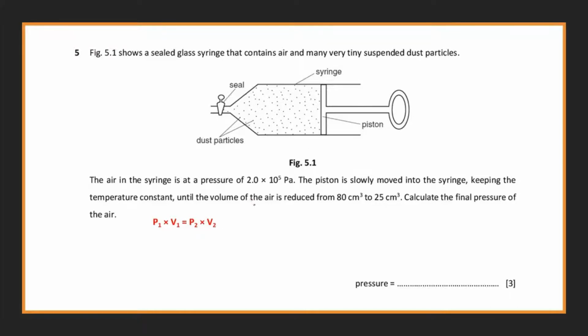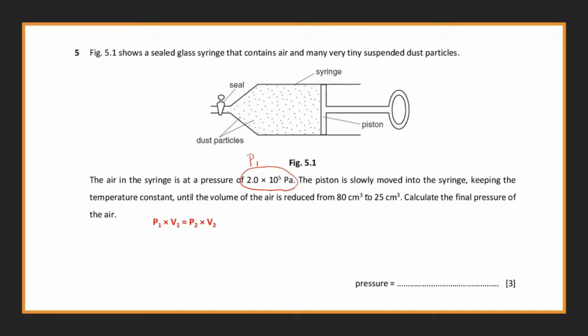Which one is P1? Which one is V1? Which one is P2 and which one is V2 in the problem? This is the first condition. The air in the syringe is at a pressure of 2 times 10 to the power of 5 Pascal. So this is the initial condition. Because this is the pressure for the initial condition, then this is P1. The volume of the air is reduced from 80 to 25.